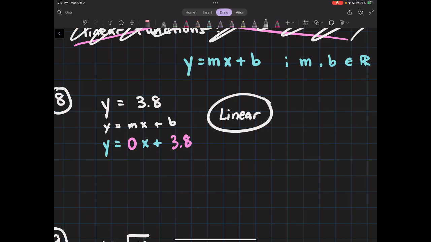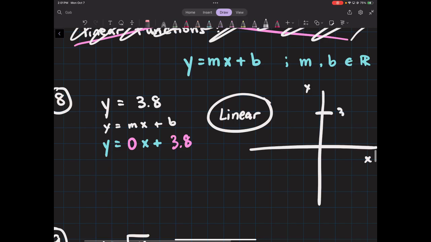But how is a number with a decimal linear? It's just gonna sit on 3.8 when it's equal to y. So on the graph, on 3.8, this is your line. That is the y value, right? Your line goes this way.